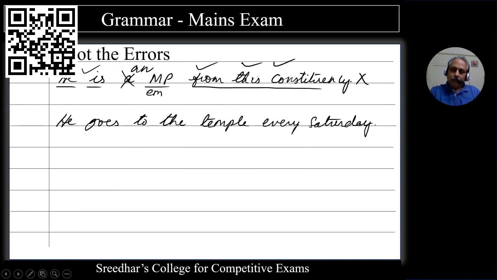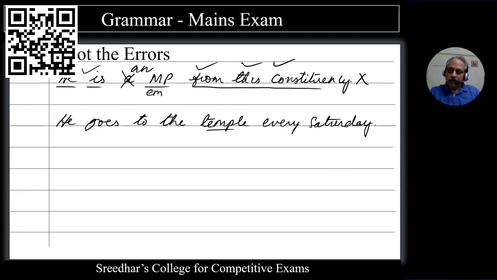And here temple talks about the primary purpose. And there is one important rule. What is it? If nouns like school, college, university, temple, mosque, church, hospital, in the sentence they talk about the primary purpose, then we should not use any article before that particular noun.